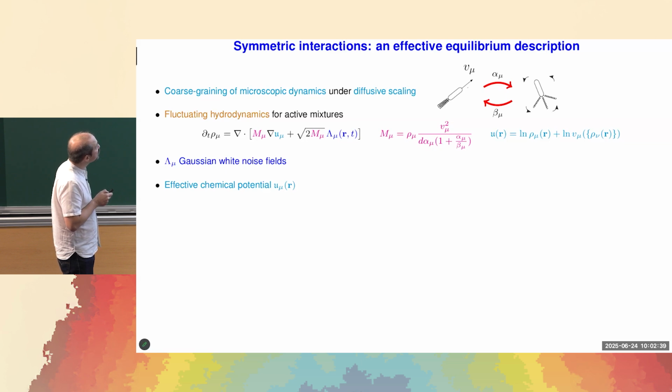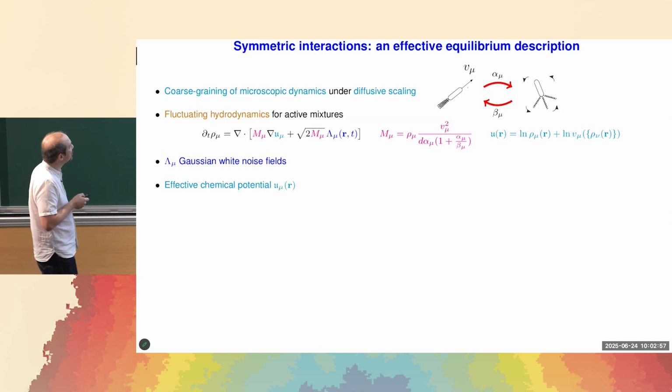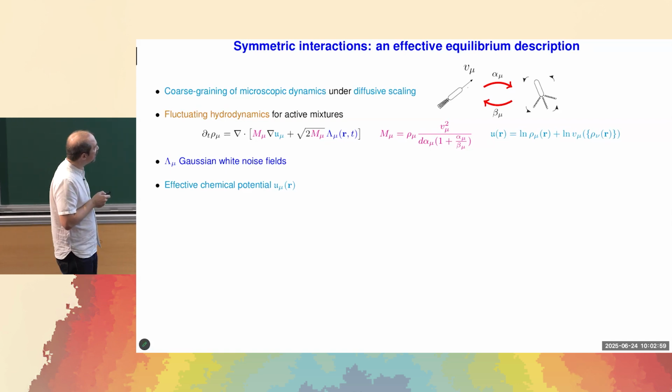This current has a noise part, so there is a Gaussian white noise field here with a variance given by this function m mu, which is the density times the large scale diffusion constant. And the deterministic part is nice because you have the same mobility times the gradient of some kind of effective chemical potential u mu.